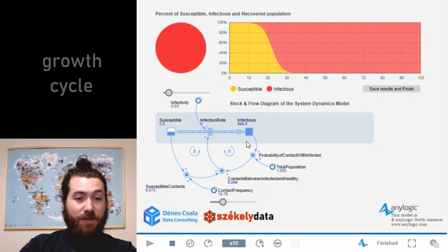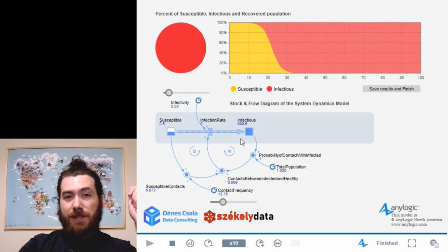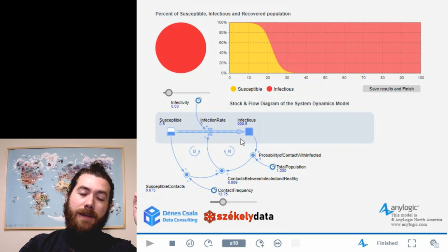And then if you have more infected people, then the probability of getting in contact with an infected person is higher. So then the actual number of contacts between the infected and the healthy will also be higher. So then your infection rate will be even higher. And then it just keeps increasing like that. So it can have sort of a runaway effect.